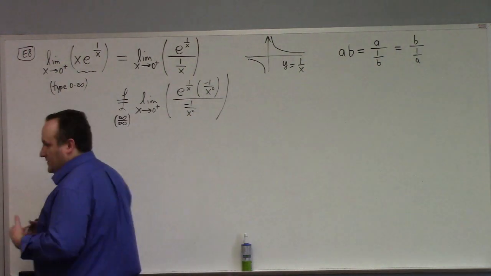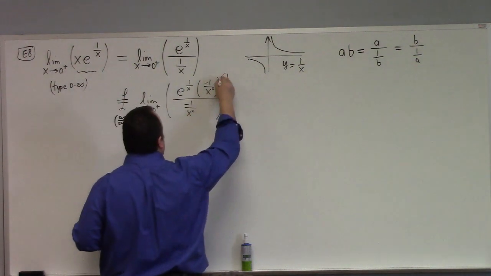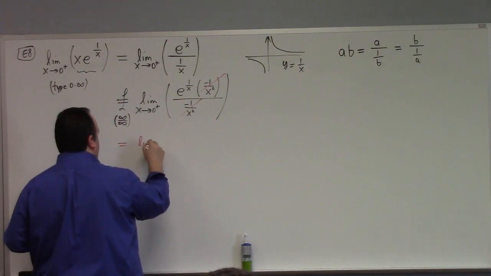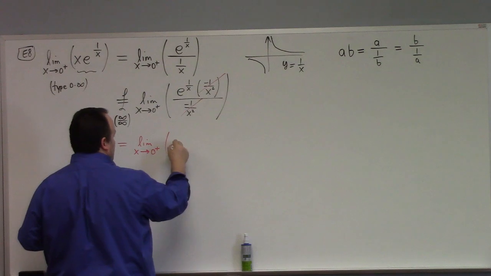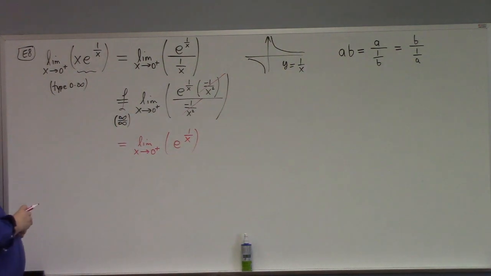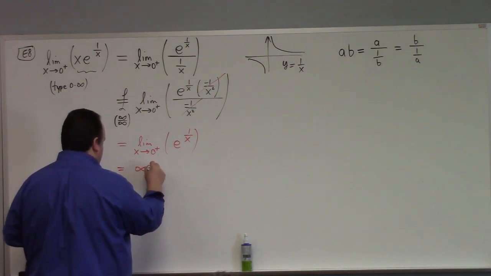Well, that's wonderful because we've got a minus 1 over x squared above, and we've got a minus 1 over x squared below. They cancel, right? And we get what? Right, e to the 1 over x. And what's that limit? Yep, that is infinity. So this one blew up.